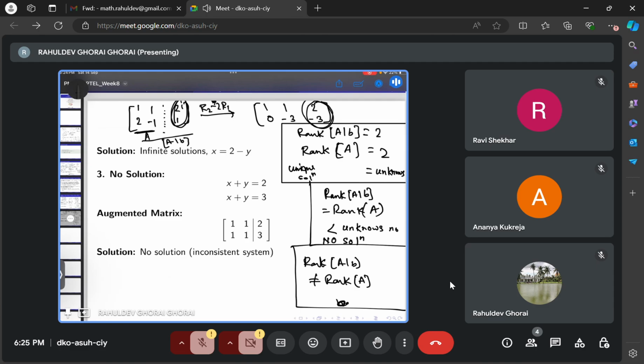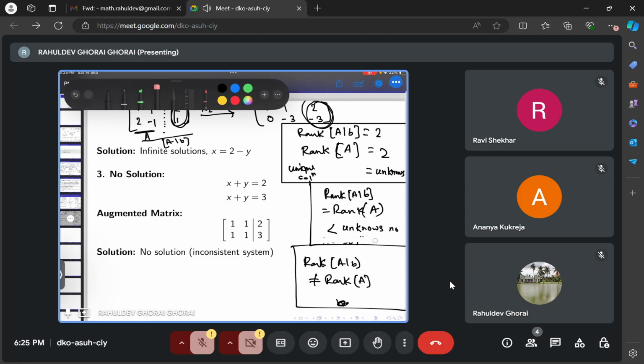Sorry, I made a mistake, I'll rectify myself. When the rank of A separate B is not equal to the rank of A, this case will be no solution, and here it will be infinitely many solutions. So these are the three cases.